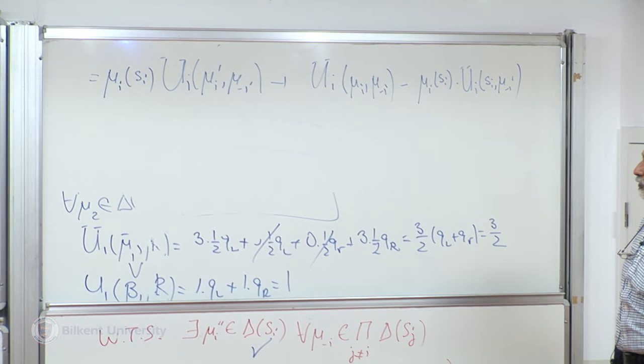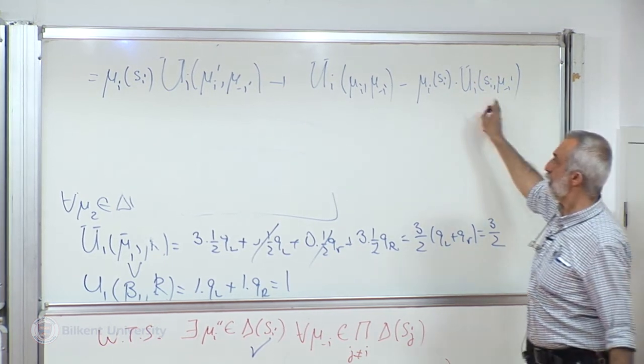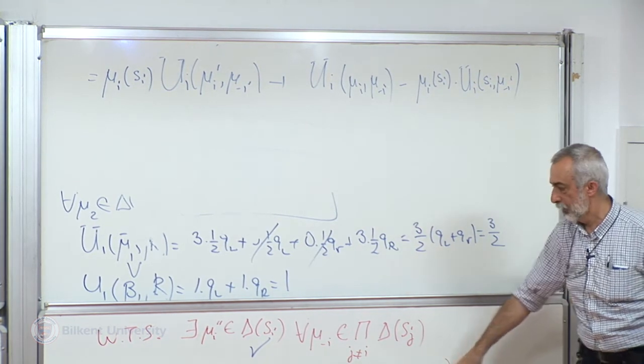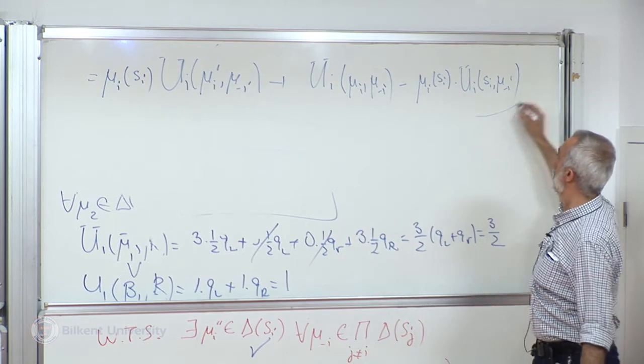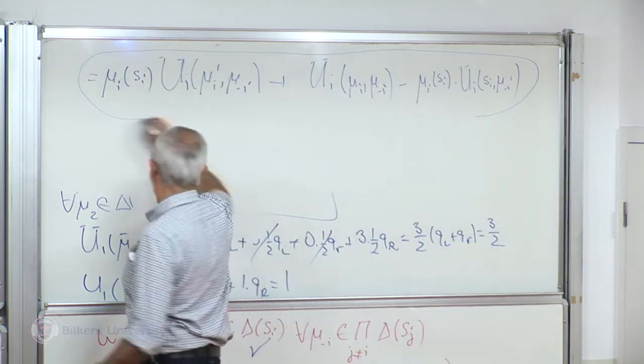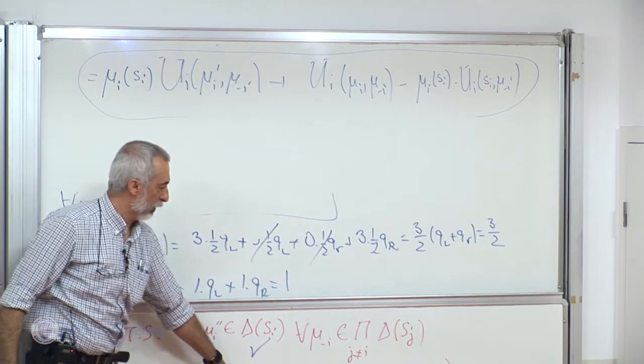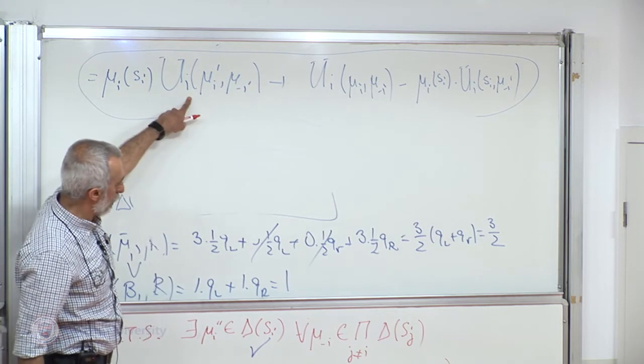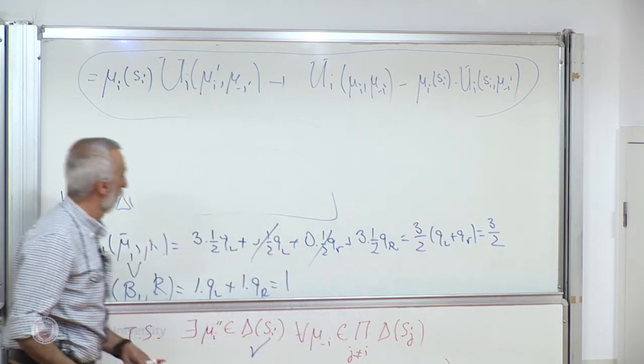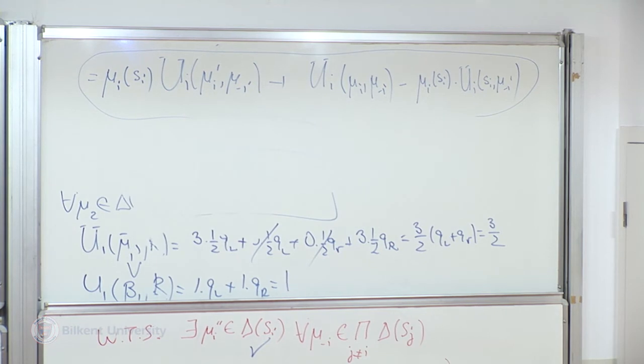So far so good? So how do we know that this is bigger than this? So what do we know? We already have this.